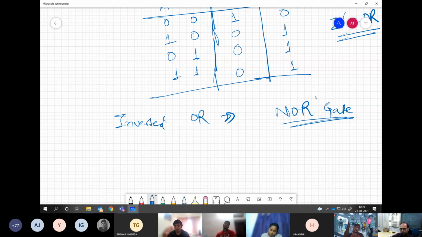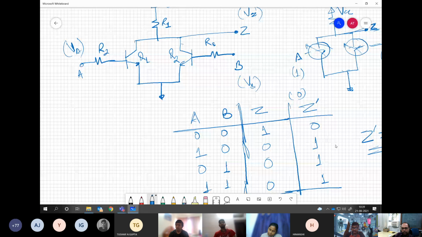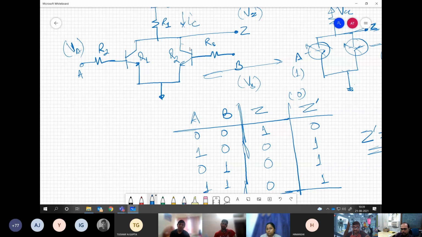We may have more inputs. Similarly, we can connect more transistors and realize all that. But we have to ensure that whichever transistor is conducting, or if all are conducting, the base current is always crossing the limit IC by beta. Ensuring that condition, we may connect any number of transistors over here and have different inputs.